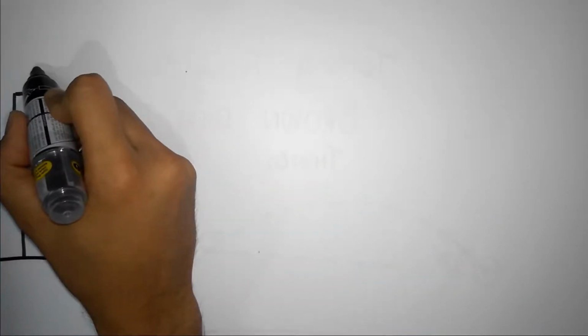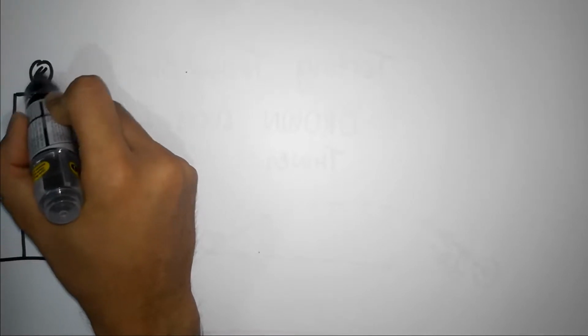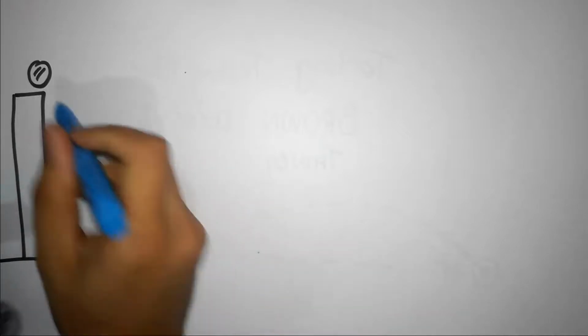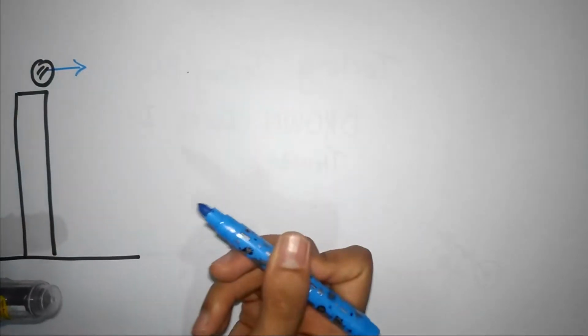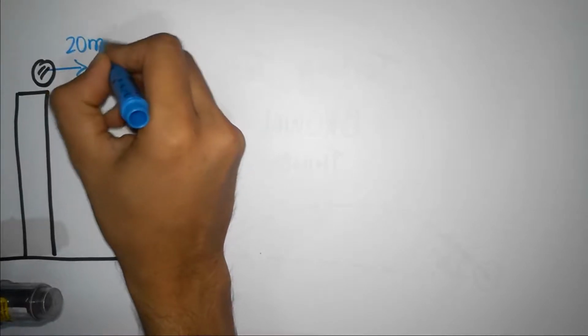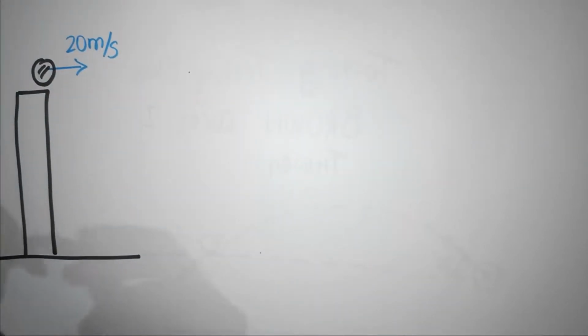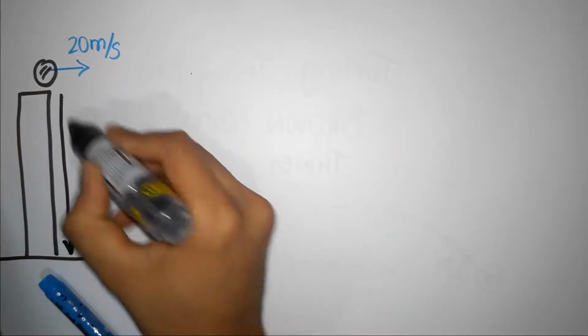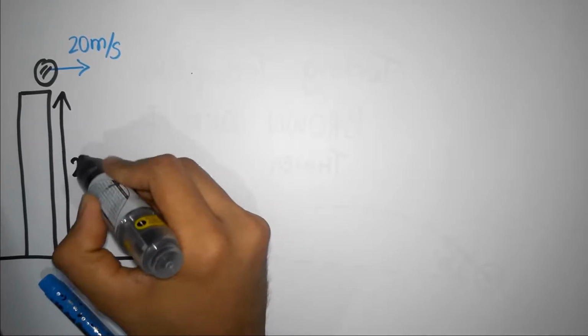And I take a ball and I throw this ball in the forward direction with some speed. So let's say I throw it with a speed of something like 20 meters per second, and I chuck it from a height. This height over here, let's call that 20 meters.